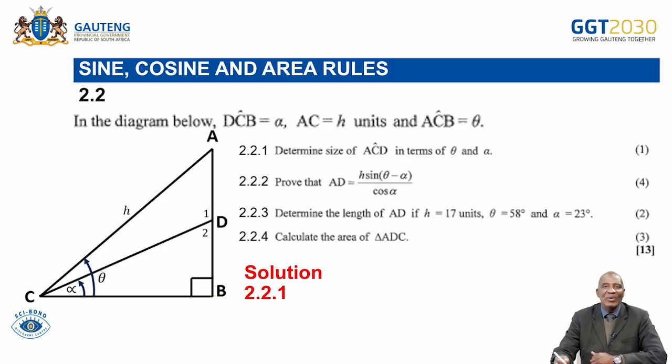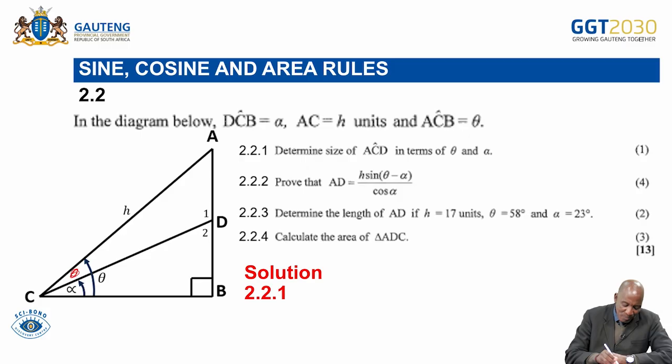The first part of the question says, determine the size of angle ACD in terms of theta and alpha. How big is angle ACD? This angle here. How big is this angle here in terms of theta and alpha?